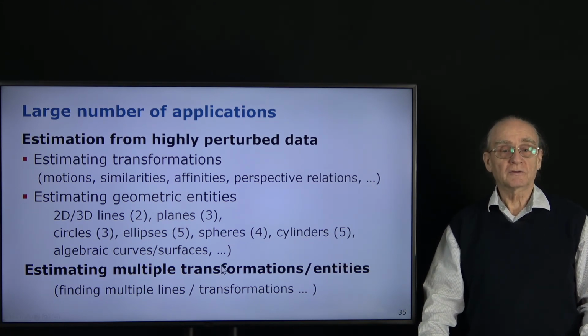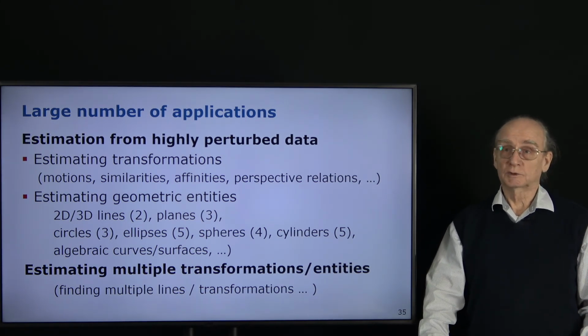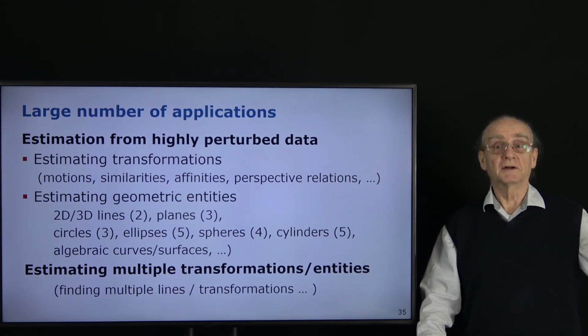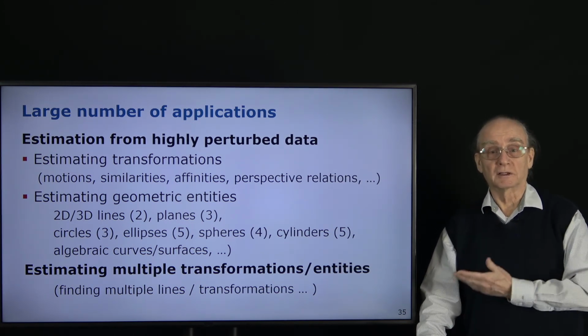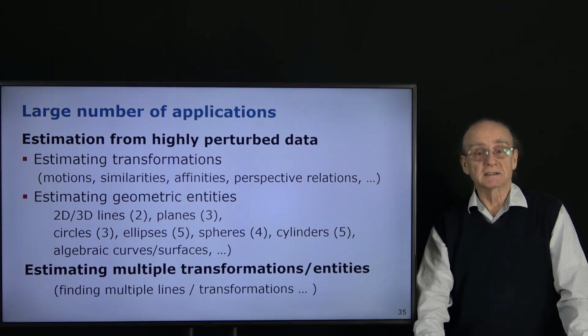And you even could ask, what happens if there are 2 lines in the data? Okay, you start RANSAC, find one of the 2 lines, which fits better, then you eliminate all those points and then repeat RANSAC on the rest. And then you can find a second or third line. So you can also find multiple transformations or entities in data using this technique.